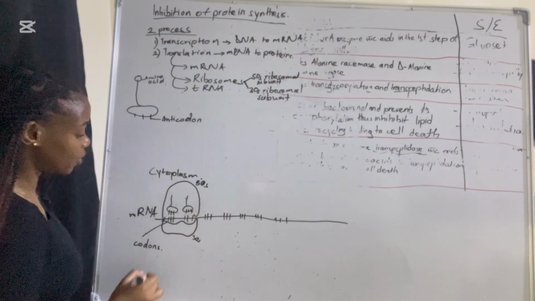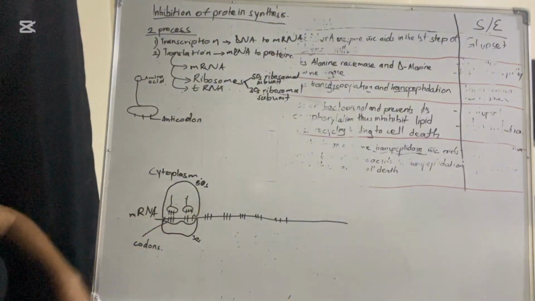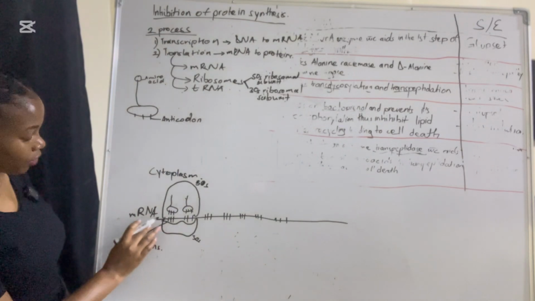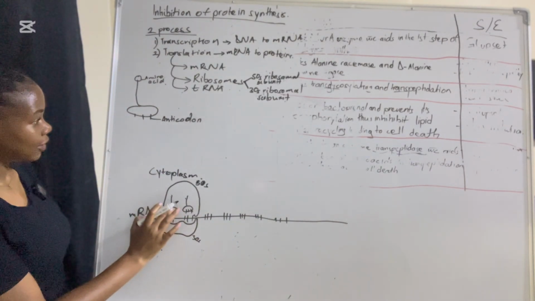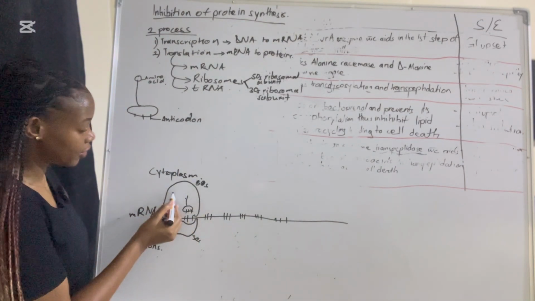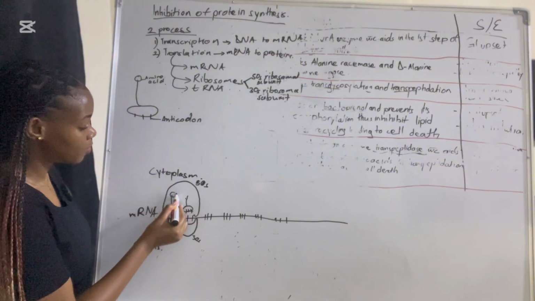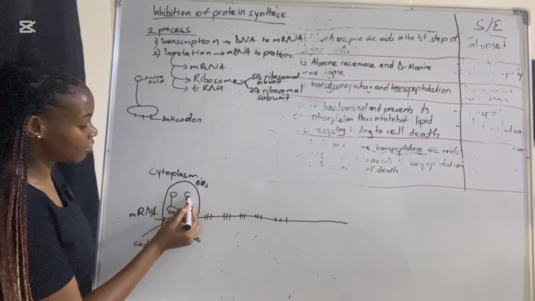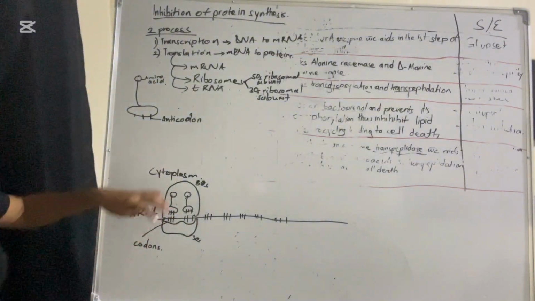And base pairing is going to occur between the codons of the messenger RNA and the anticodons of the transfer RNA. Remember, each transfer RNA has an amino acid.